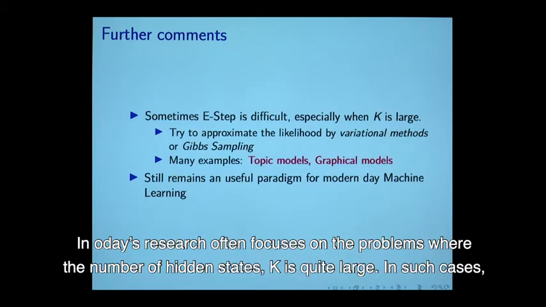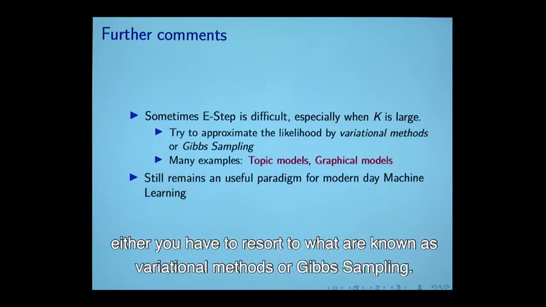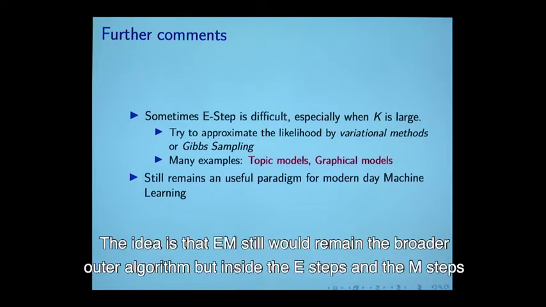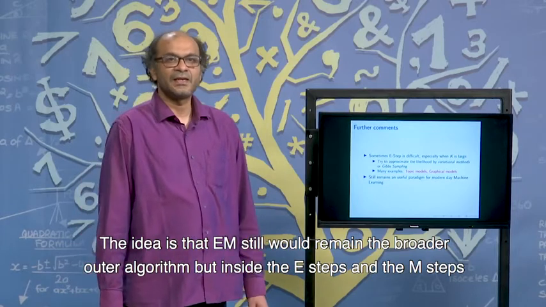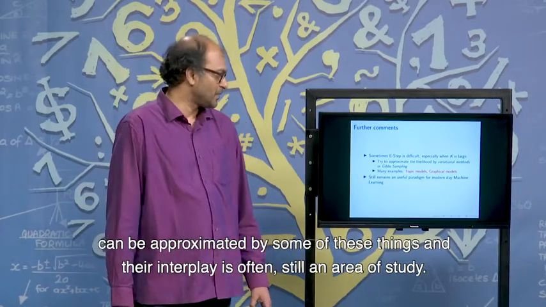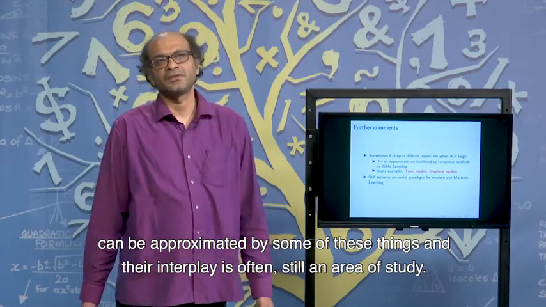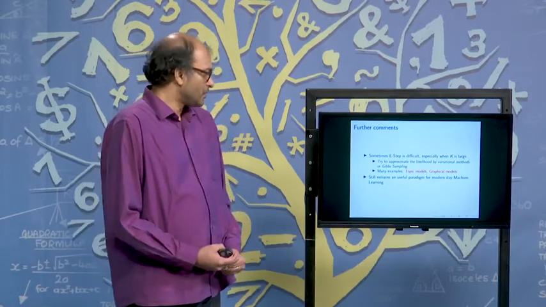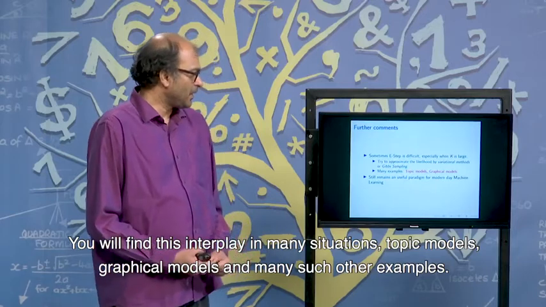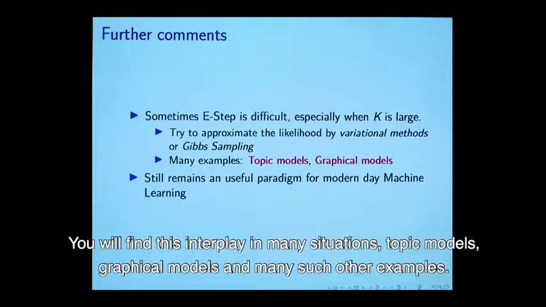In such cases, you have to resort to what are known as variational methods or Gibbs sampling. The idea is that EM would still remain the broader outer algorithm, but inside it the E steps and the M steps can be approximated, and their interplay is often still an area of study. You will find this interplay in many situations, such as topic models, graphical models, and many other examples.